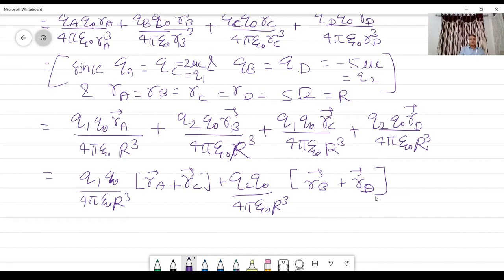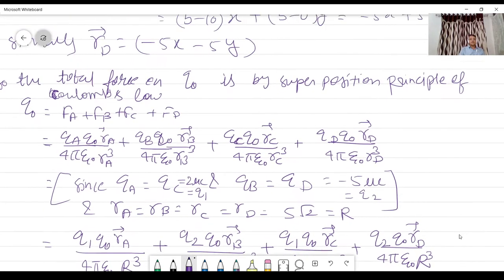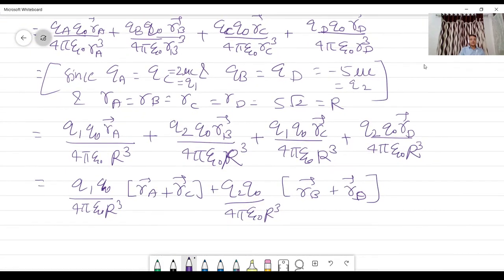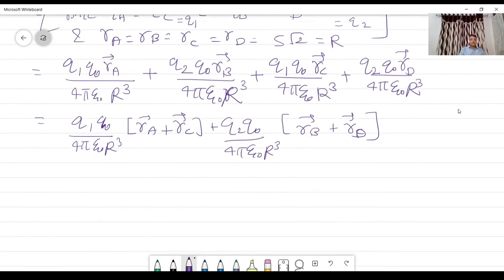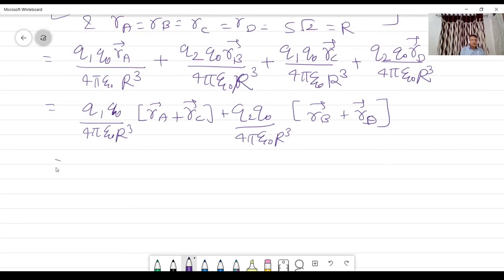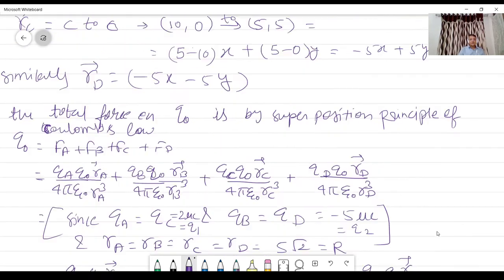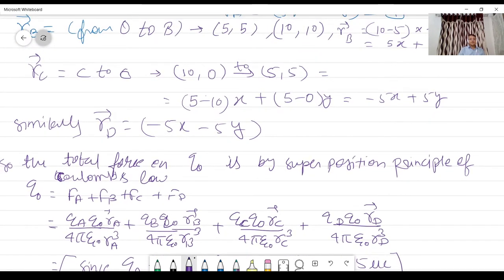If you look above, I have found these vectors, so let me put in the values.